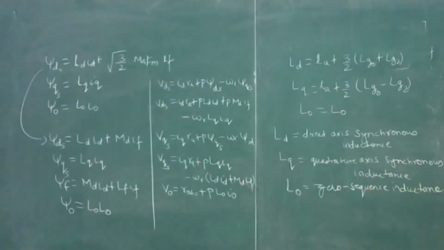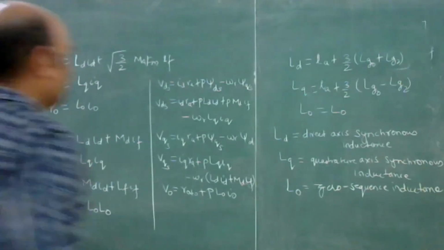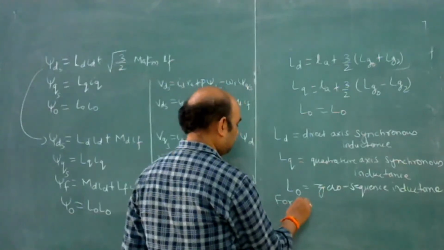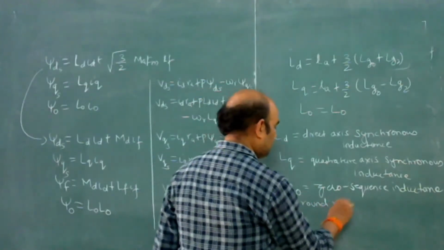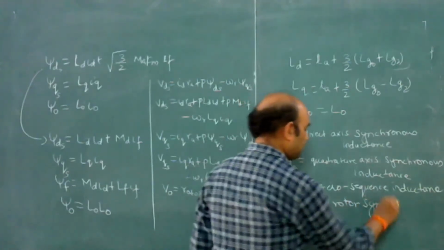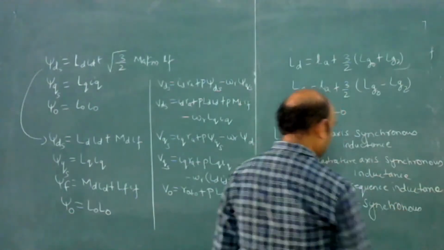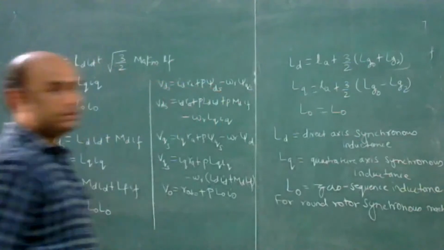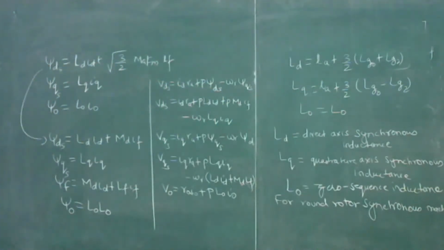And this is for salient pole, and for round rotor synchronous machine, that is the cylindrical pole synchronous machine, LG2 is equal to 0.